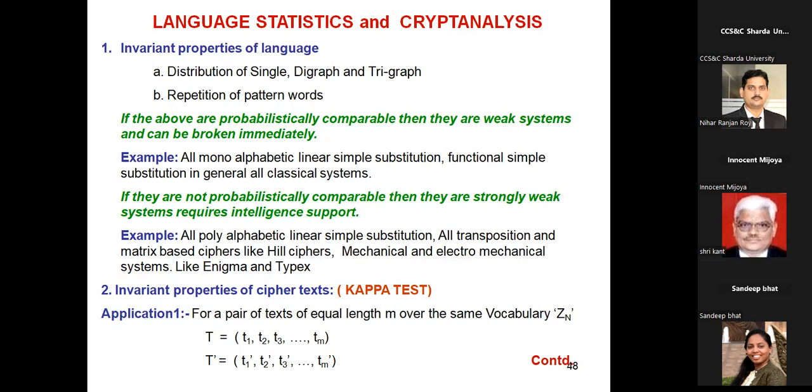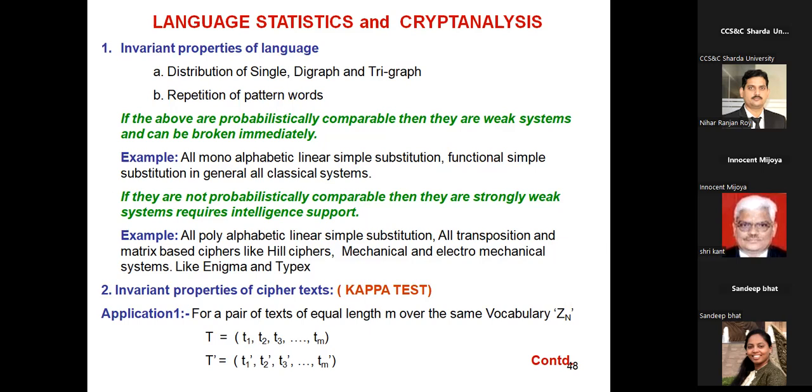If the above are probabilistically comparable, then they are called weak systems and can be broken immediately. For example, all monoalphabetic linear simple substitution, and functional simple substitution in general, or classical systems, can be broken with only the help of language statistics that I have shown you in the example also. Later, all polyalphabetic systems, linear simple substitution, all transposition and matrix-based cipher systems like the Hill cipher, and mechanical and electromechanical systems like Enigma and Typex, which we'll see now.